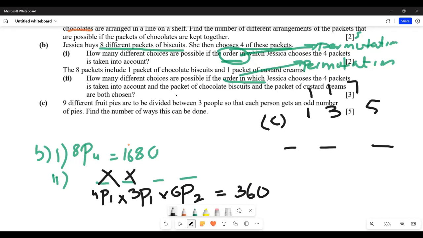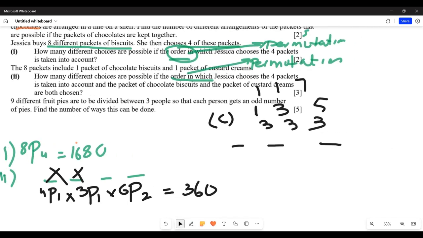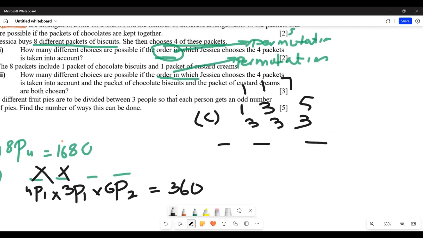What about one person gets three pies, the other person also gets three pies, and the third person gets, the total being 9, so 3. So that could also work. Any other combination that could work? In fact, it could also be 171 or 711.